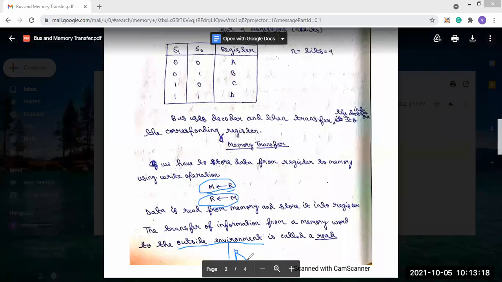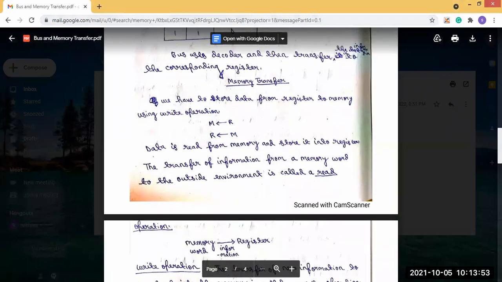That means the data present in memory is transferred from memory to register. In case of write operation, the transfer of new information is stored into the memory. That means from register, the information or data is transferred into the memory. This is the definition we already know.